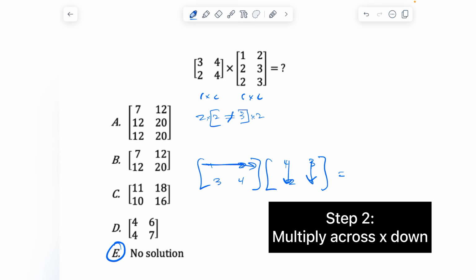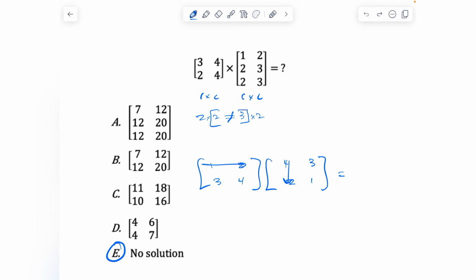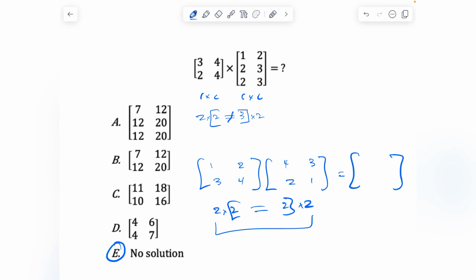Before I jump to that, if I do my row by column layout, the two numbers in the middle are equal, and the two numbers on the outside tell you the dimensions of your final matrix, your final answer. So my final answer is going to be a 2 by 2: 2 rows, 2 columns.